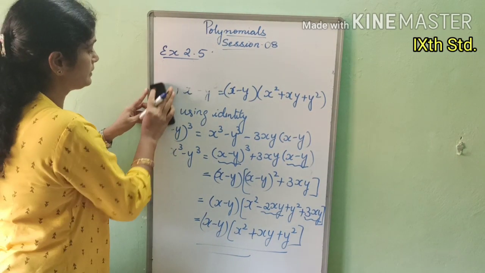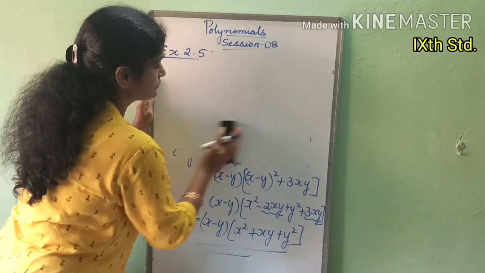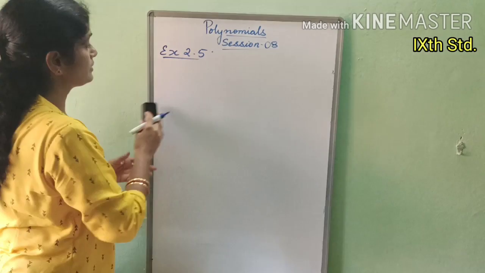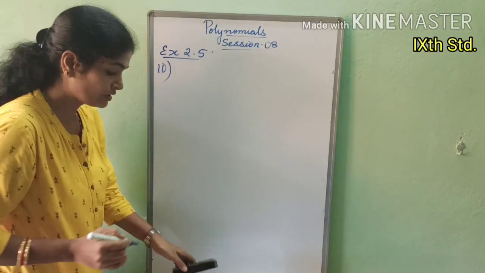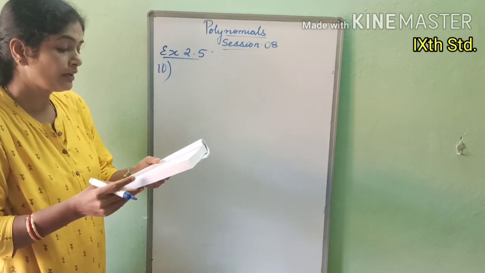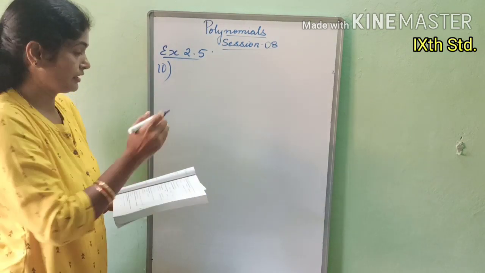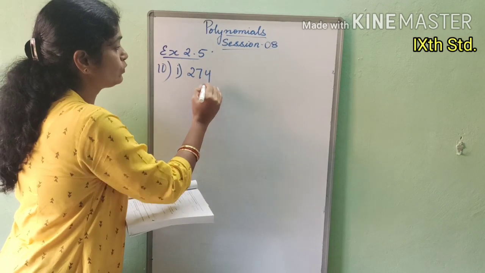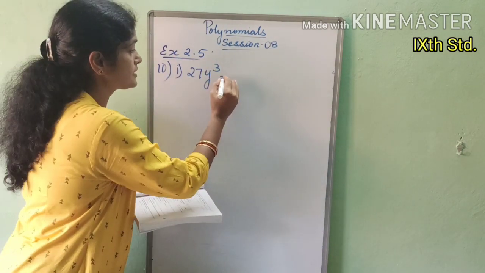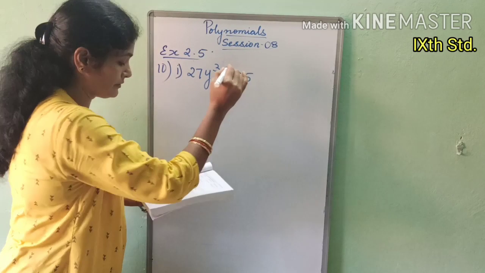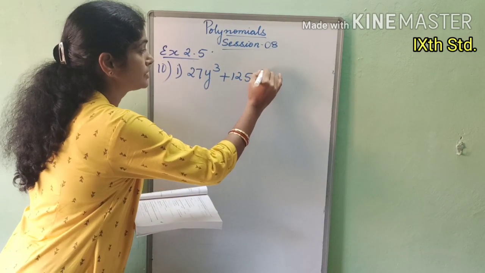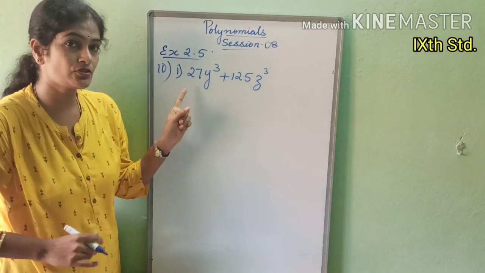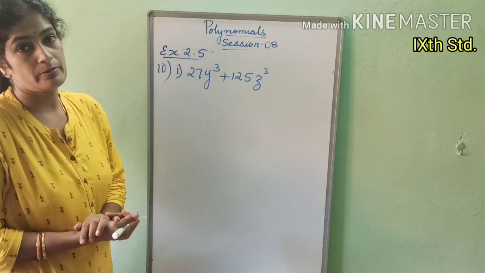That is question number 10. Factorize each of the following. If you look at the first part, 27y cube plus 125z cube, just see the previous question's identity; you can use the x cube plus y cube identity here.